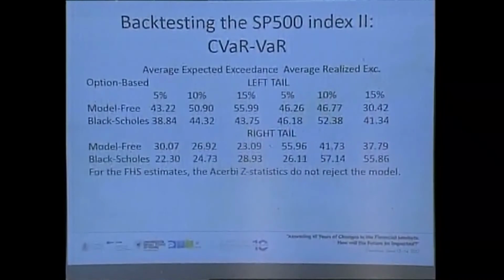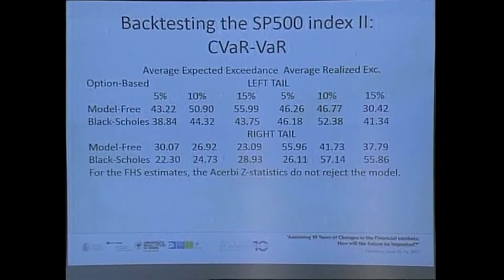Okay, given that, as I told you, the value at risk, no matter how measured, seems to be a bit understated in our sample, at least relative to the expected average. Of course, you never get the expected average in a small sample, but in our case, we were a bit below. I decided that to give more power to the test of the conditional value at risk, I will look just at the exceedance, so the adjusted option price.